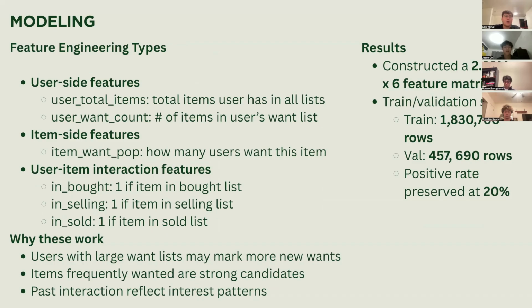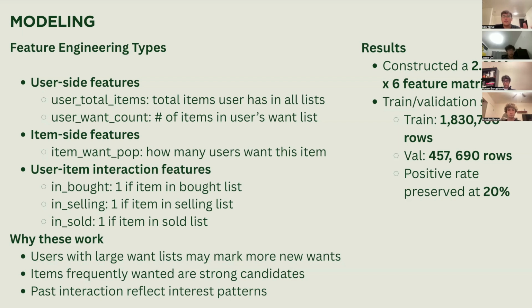Then we have item popularity features. Item want pop is one of the strongest signals in the entire data set. Popular items receive wants from many users. So this feature encodes collaborative filtering information without any embeddings needed. And then we have user item interaction history.